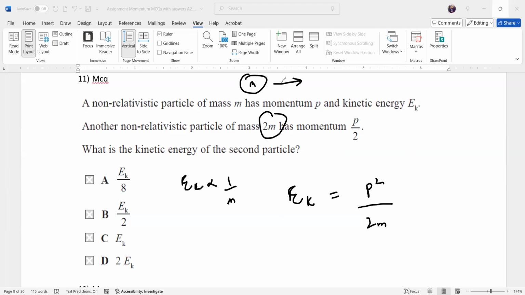But when we say non-relativistic, it means that when the particle is moving, its mass does not change. That is the concept. So relativistic means when a particle moves, its mass changes; we call it the relativistic effect. If a particle moves and its mass does not change, we call it non-relativistic.